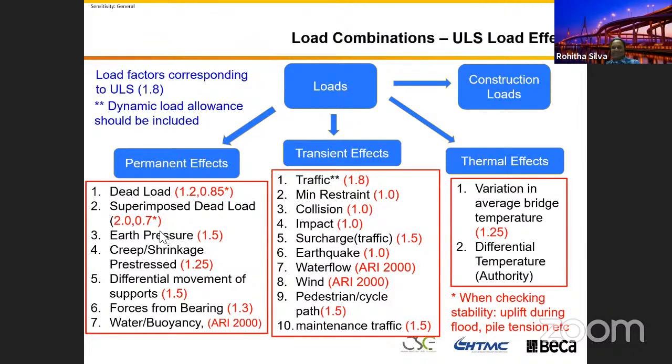You can see for the dead load and superimposed dead load, I have another two numbers, 0.85 and 0.7. Why do we have these numbers here? For example, when you are checking your bridge and your pile for uplift and tension, you need to consider, like I mentioned before, the density you are assuming.